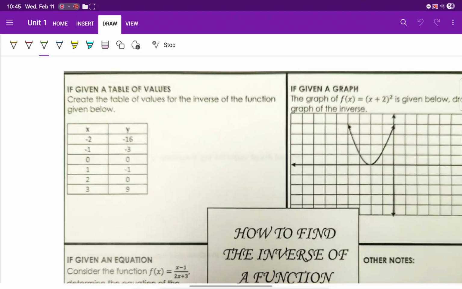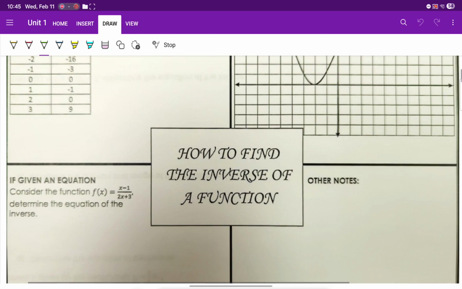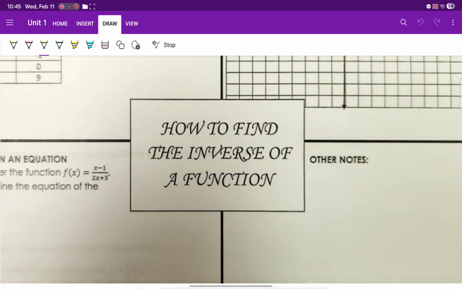Typically when I start this lesson, I like to start by looking up the definition of what inverse means. I don't have that capability right now on my tablet. Actually, you know what?